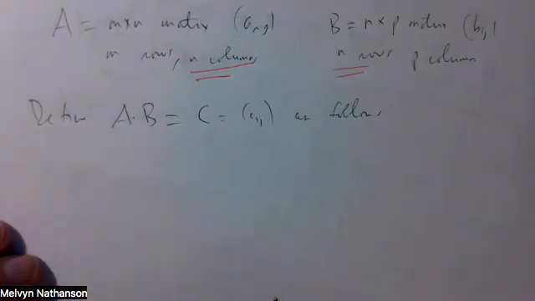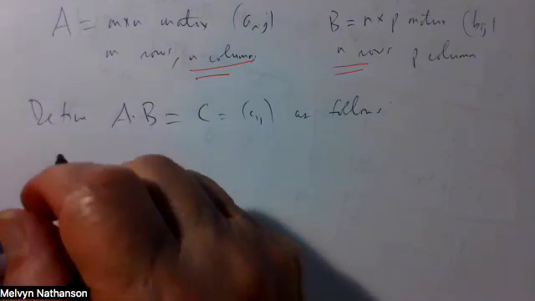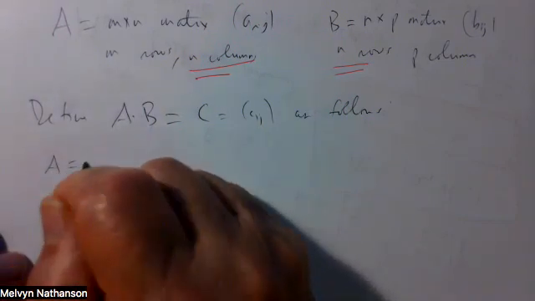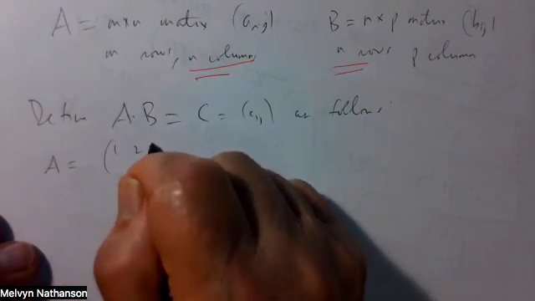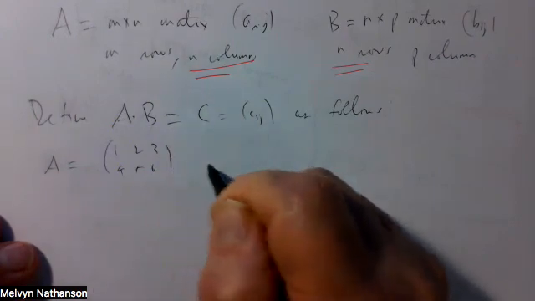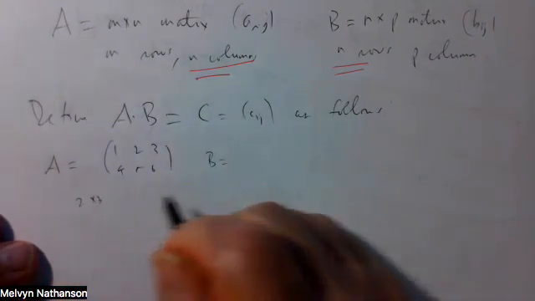And maybe I'll start with an example just to make it clear. Suppose I have, for example, A is a 2 by 3 matrix: 1, 2, 3, 4, 5, 6. And B, so this is 2 by 3.